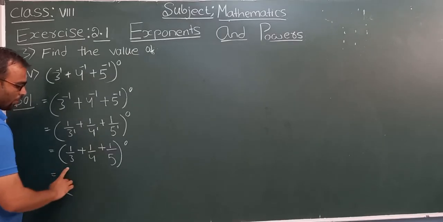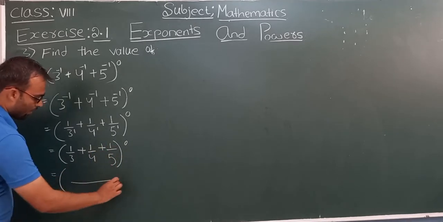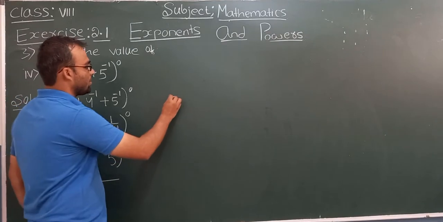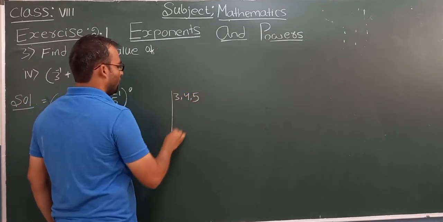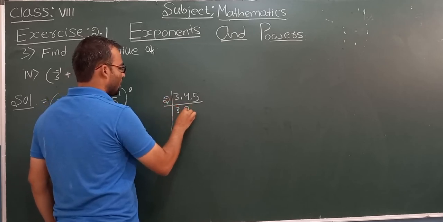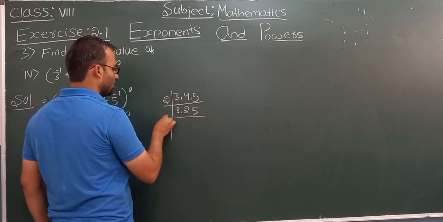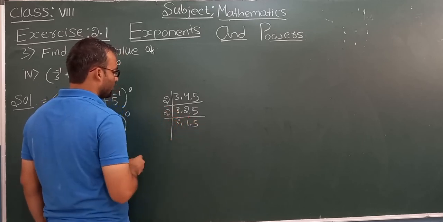Now you have to find the LCM of 3, 4, 5. Okay, then we will find here, students, that is 3, 4, 5. So 2, 3 as it is, 2 twos are 4, 5 as it is. So 2, 3 as it is, 2 ones are 2, 5 as it is.